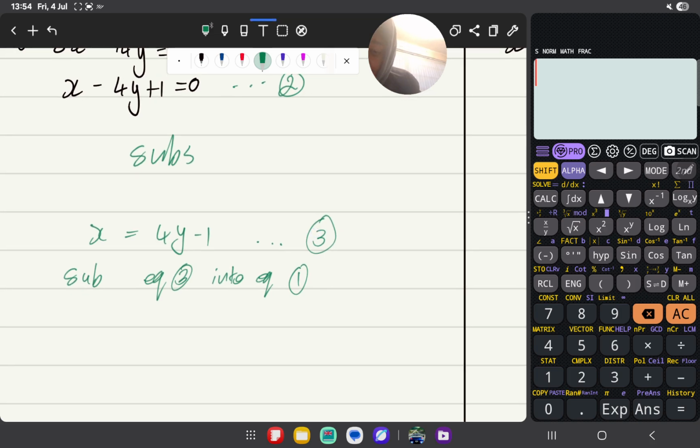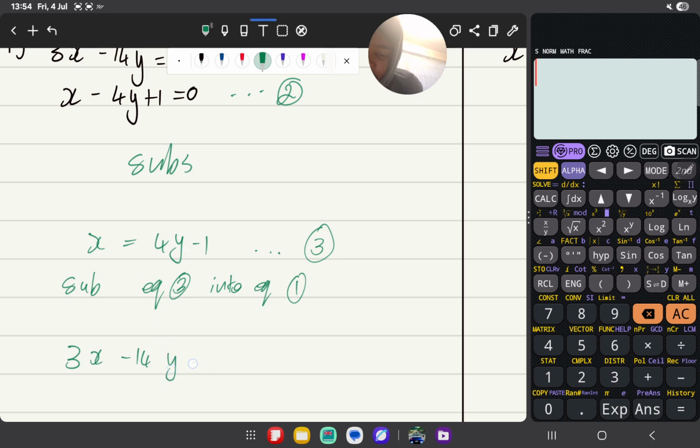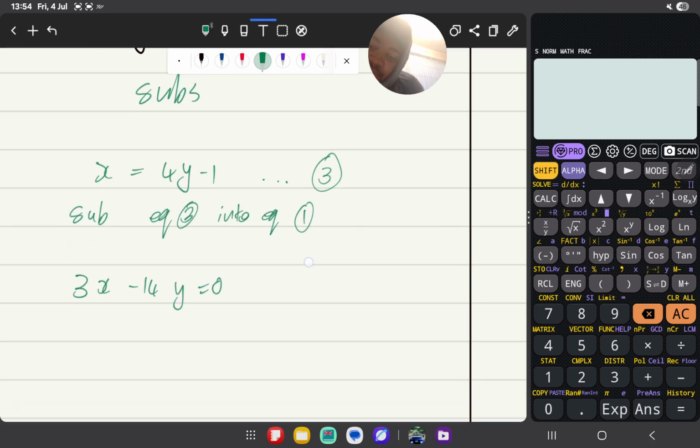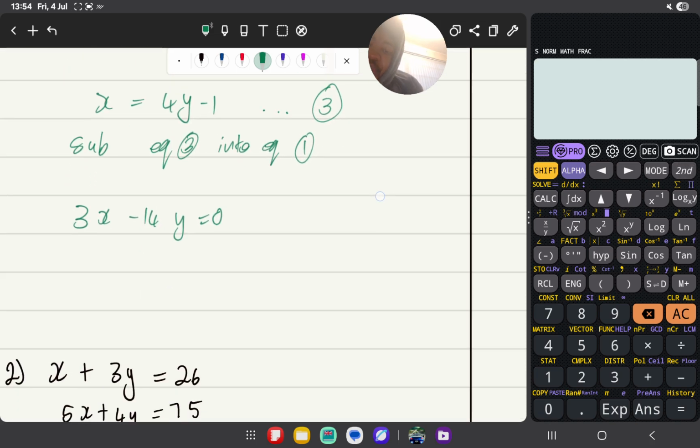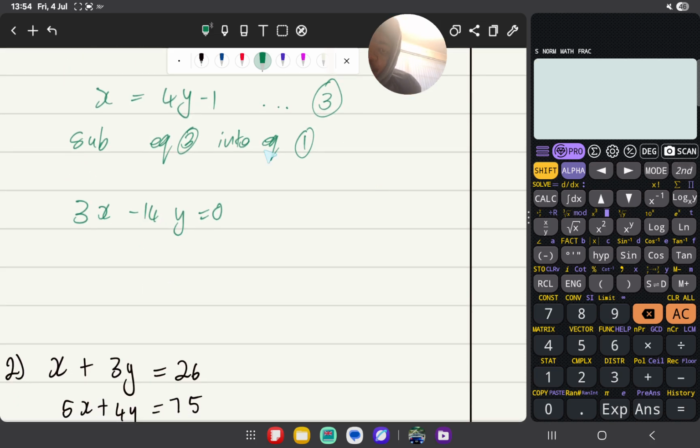So let's do that. You have 3x minus 14y. We're going to substitute before we solve for anything.